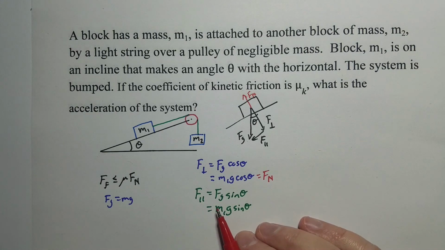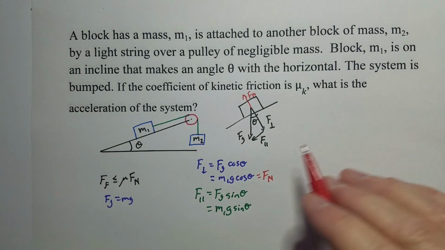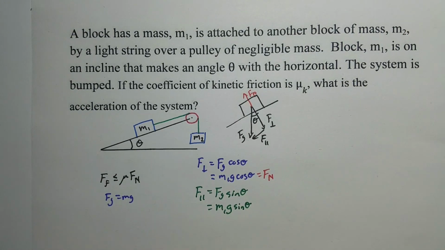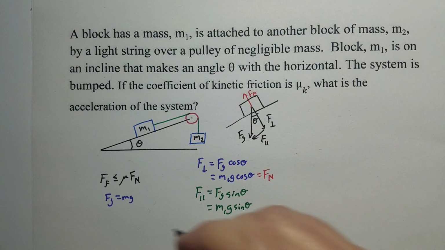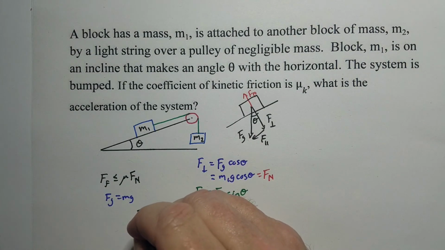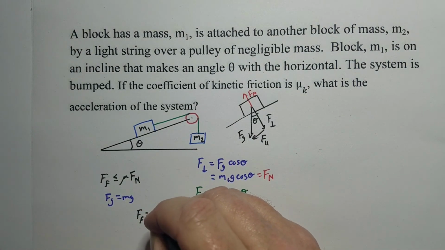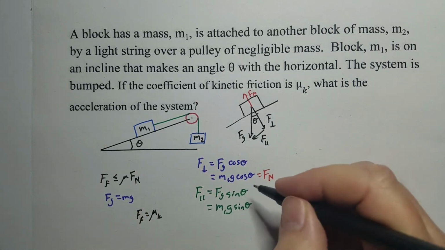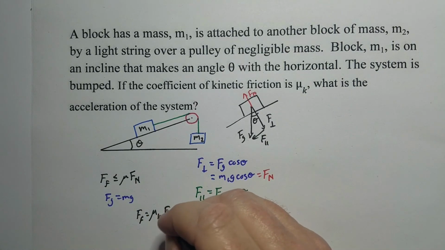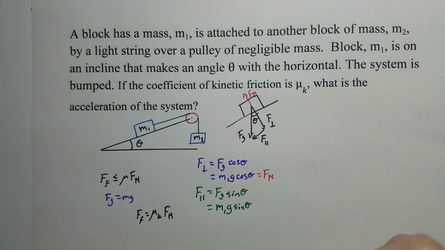We've got the force parallel, the force perpendicular, which is also the normal force. Friction is that. So I'm going to say force of friction is equal to mu k times the normal force, which is that there.